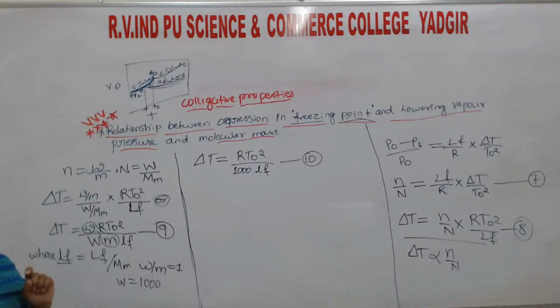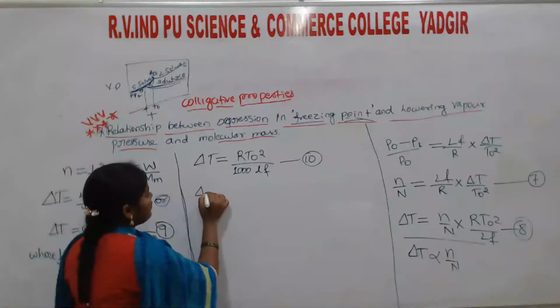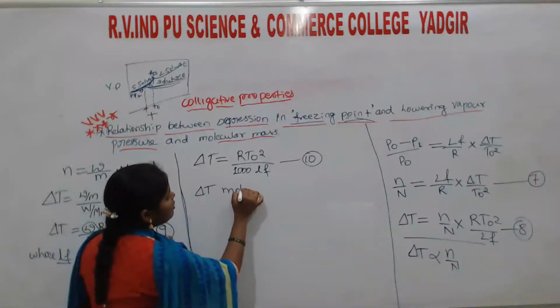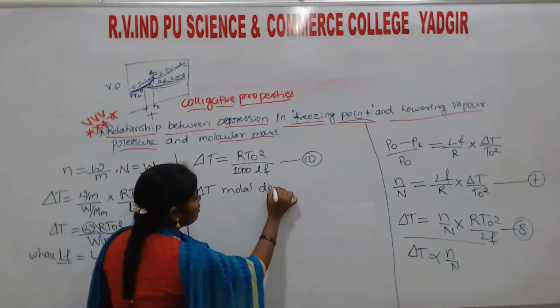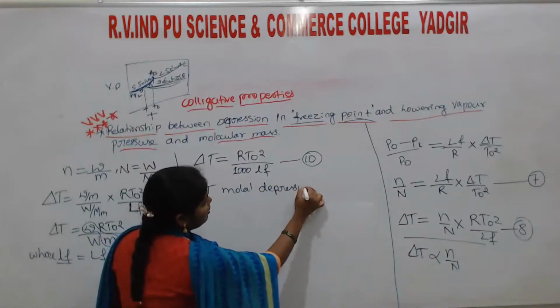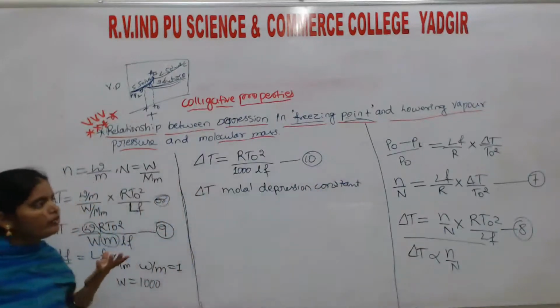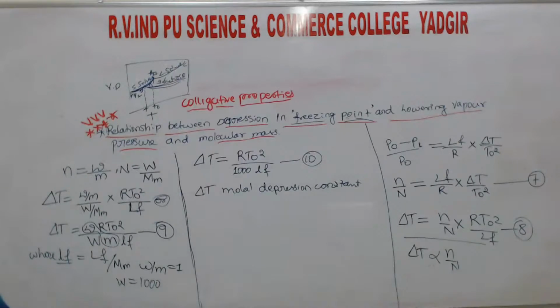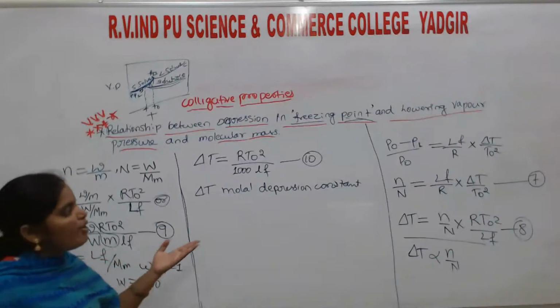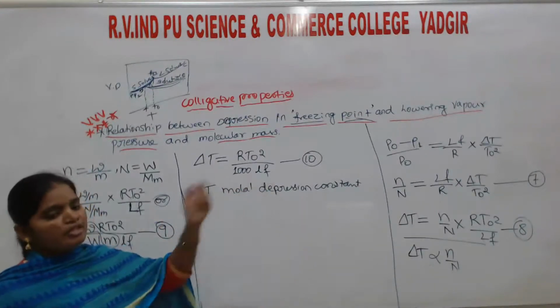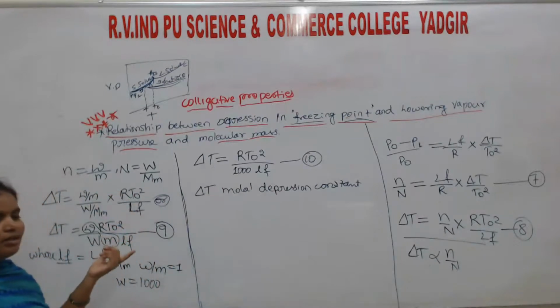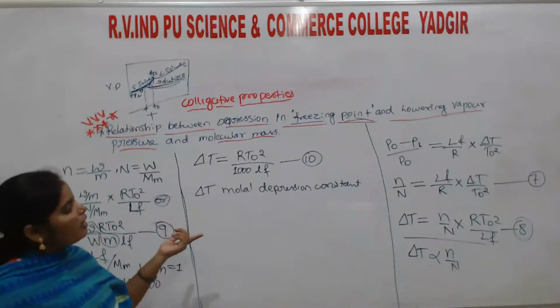Here delta T is called the molar depression constant. You know, in the boiling point relationship of lowering of vapor pressure, there is the molar elevation of boiling point constant.